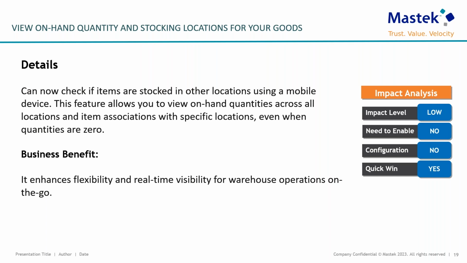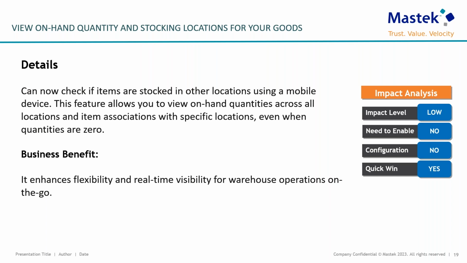in other locations. So now we can view this item's on hand quantity in all locations by using mobile devices. We can simply scan the item and see the item availability, or on hand, in all the different locations, so that we can easily fulfill any critical orders which were placed.